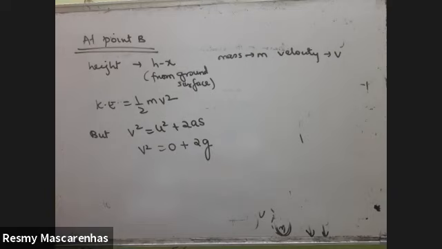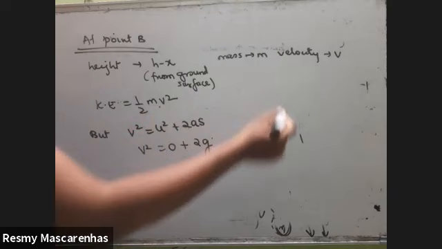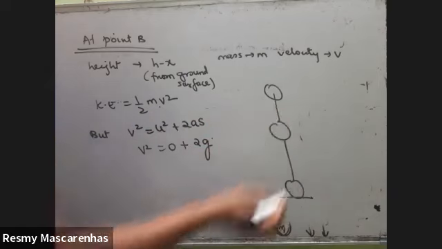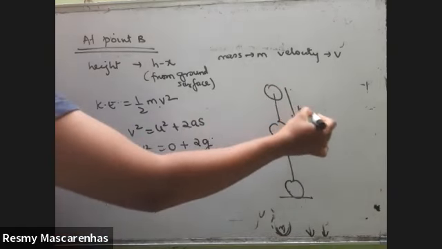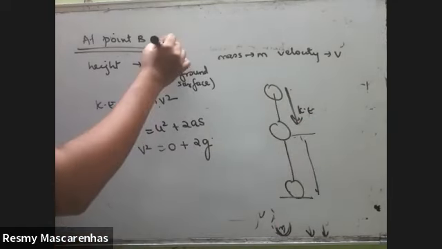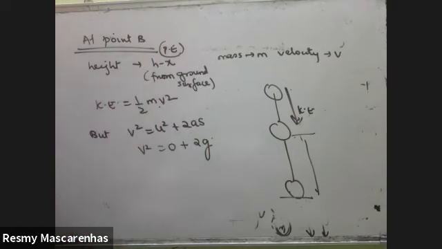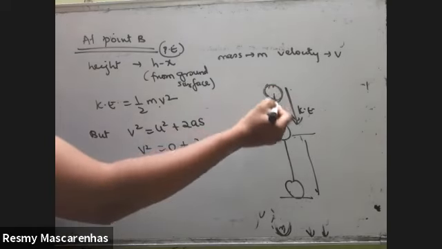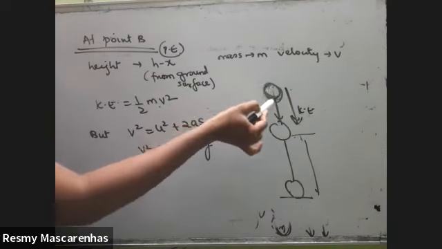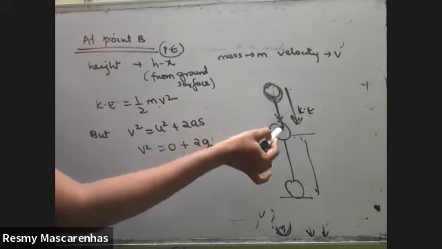Now, this distance for kinetic energy is different. Potential energy is always referred from the surface of the ground. Whenever we calculate height for potential energy, we always refer from the surface of the ground. But for kinetic energy, the body started falling from here, where it had stored some potential energy, and then it started gaining kinetic energy till where it reached.